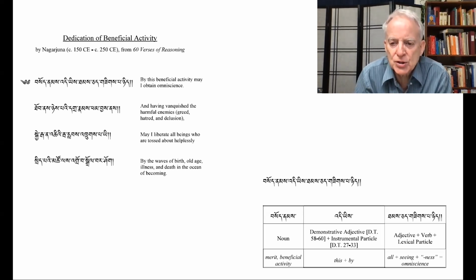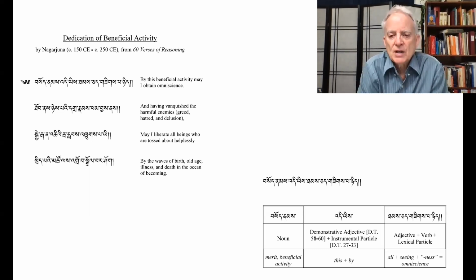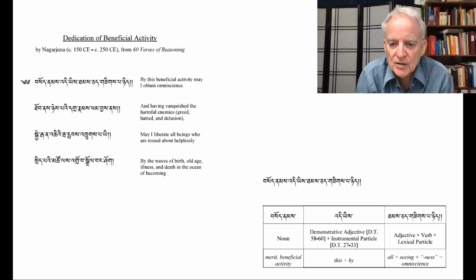Then we have the 2 shays, the vertical strokes at the end, indicating that is the end of a line of verse. It's not necessarily a sentence, but just an end of the line.